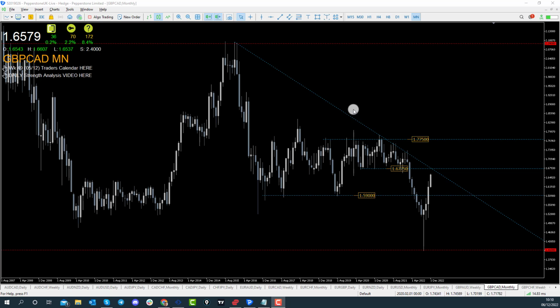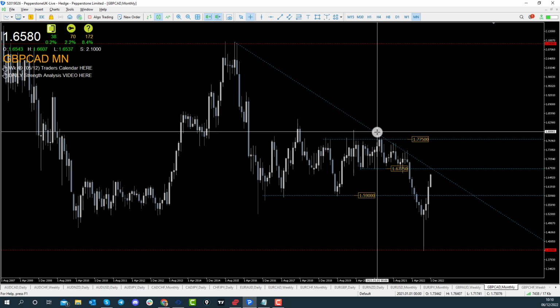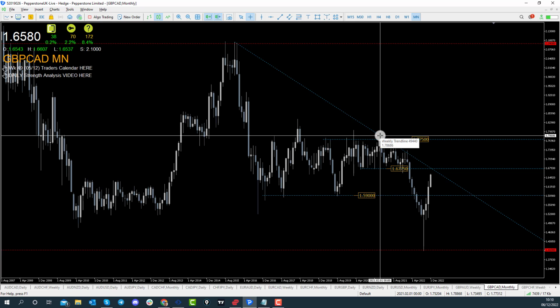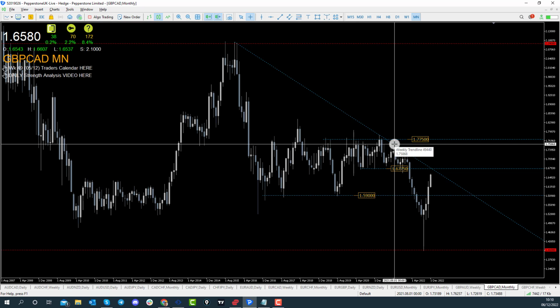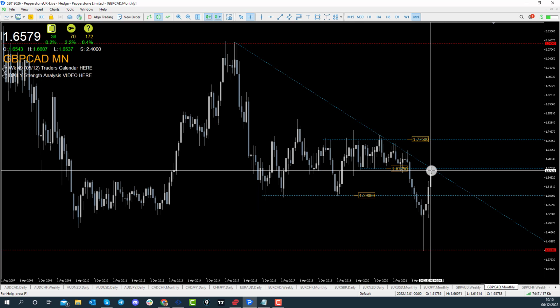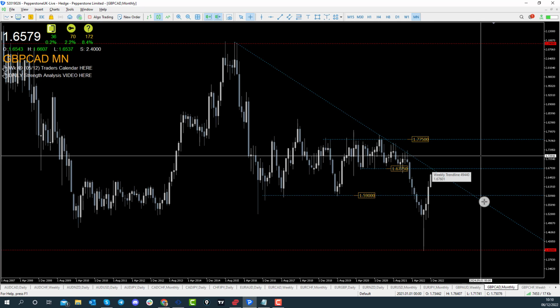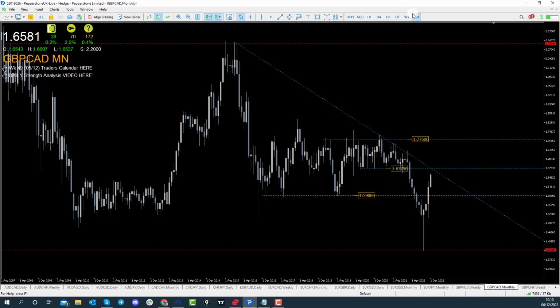It also has confluence with this higher time frame trend line, where you can see price formed the high back in December 2015, came into the highs here in 2021, and then continued to break lower. So that is a golden little spot, looking for price to potentially come back to that 1.6775, especially from this monthly outlook.